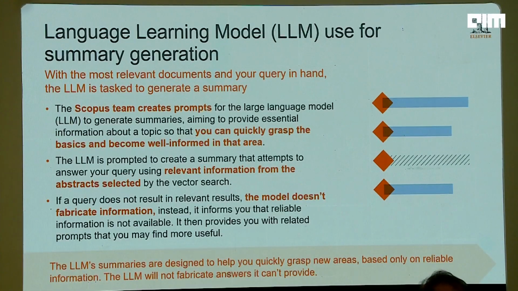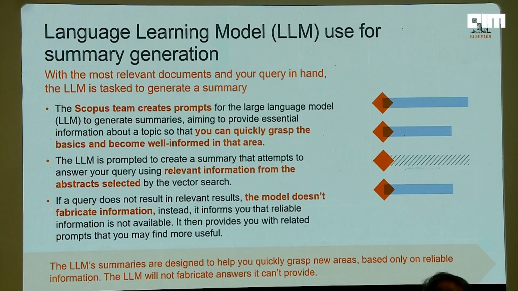Once you have the top 10 abstracts, they will be sent to the LLM, and it is given custom engineered prompts, which have been through experiments with different versions, and then we arrived at something that will give you the summary that I was talking about.